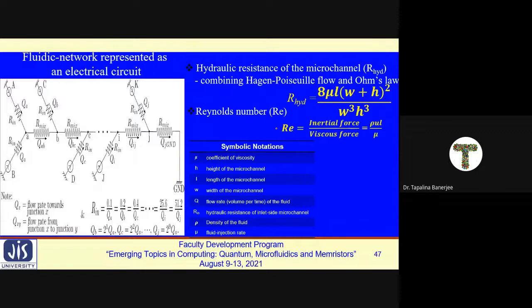We are mostly based on these two equations: hydraulic resistance of the microchannel combining HP flow and Ohm's law, we have this one, and we know that Reynolds number is this one, right? So considering all these, we are able to implement one hydraulic circuit or network.